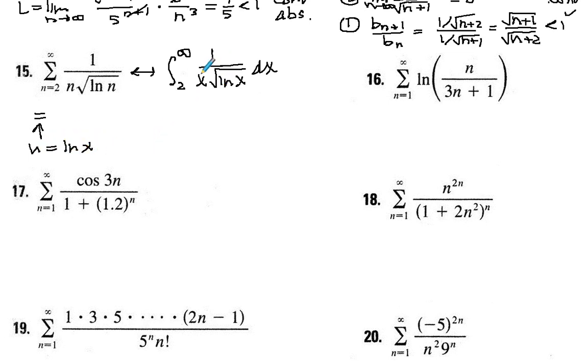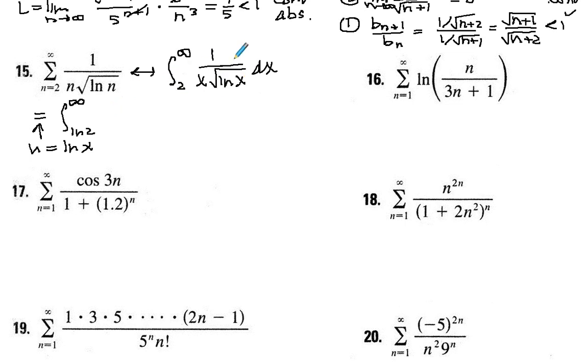And then du will be 1 over x dx. So this is going to be integral from, plug this 2 in, log of 2, so ln of 2. And then as quote unquote plug infinity in here, log of infinity is infinity. Okay, if you'll loosely let me write infinity as a number.